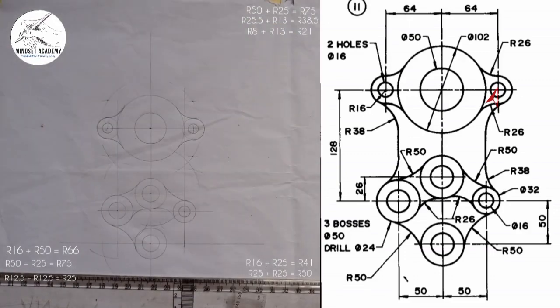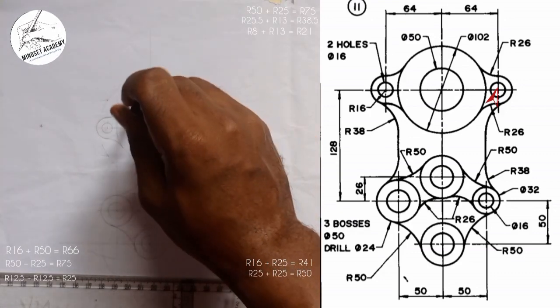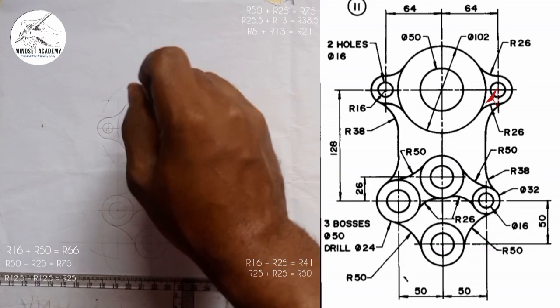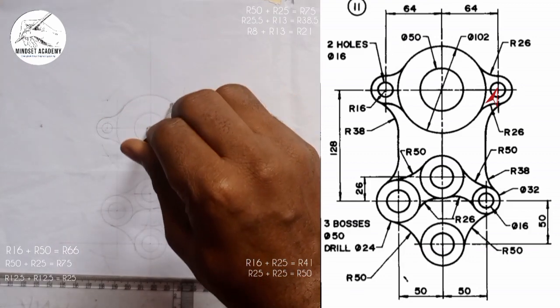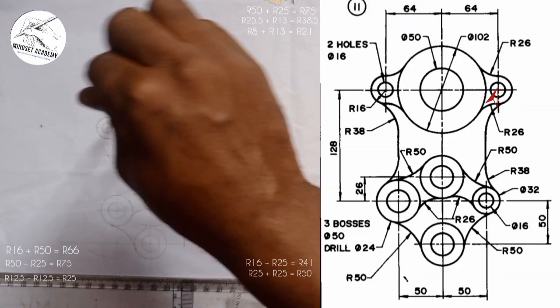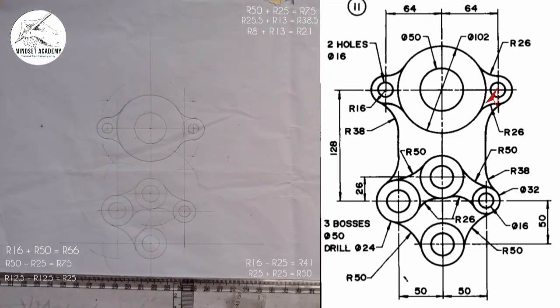You can see that. I've already taken this before, so I'll just do it once more. That is what we have there. Now we've successfully drawn this.